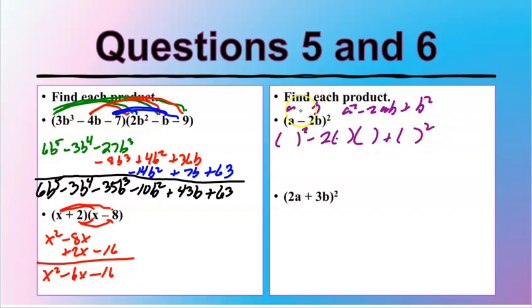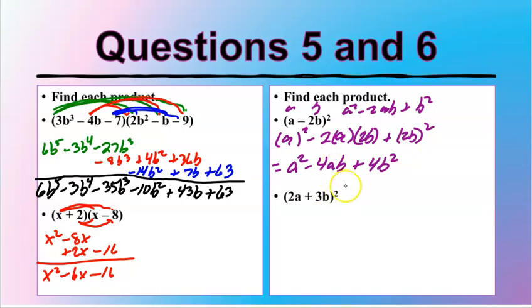Here's my a, here's my b, so I have a, 2b, and now I can simplify this, which will give us a squared minus 2 times a times 2b, which is negative 4ab, plus square the 2, that's 4, square the b, that's b squared.